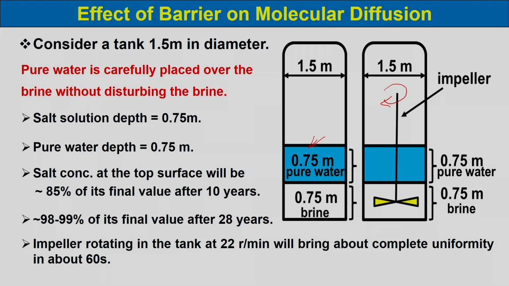This implies that because of the external force, the liquid mixes well because of the eddy diffusion created by the impeller, and that is why the rate of diffusion by eddy diffusion is much higher compared to molecular diffusion.